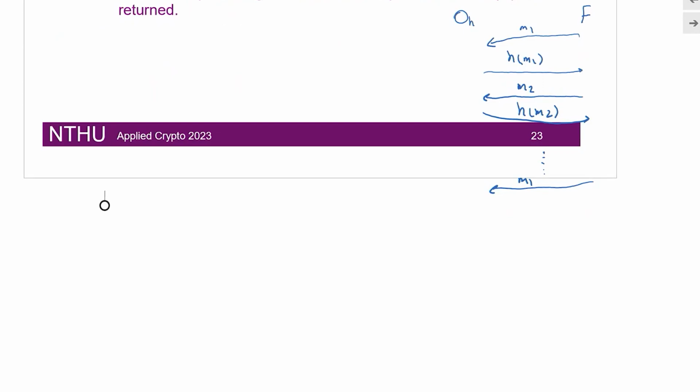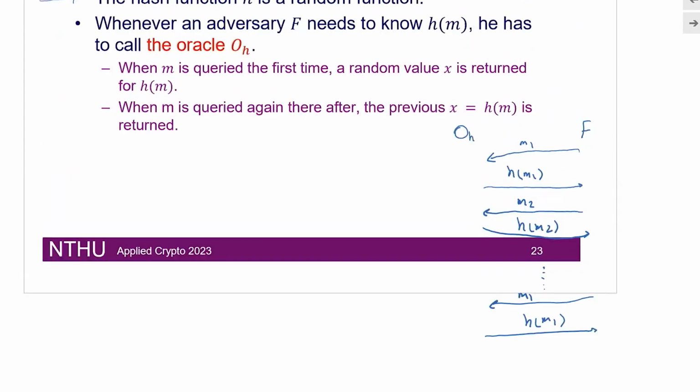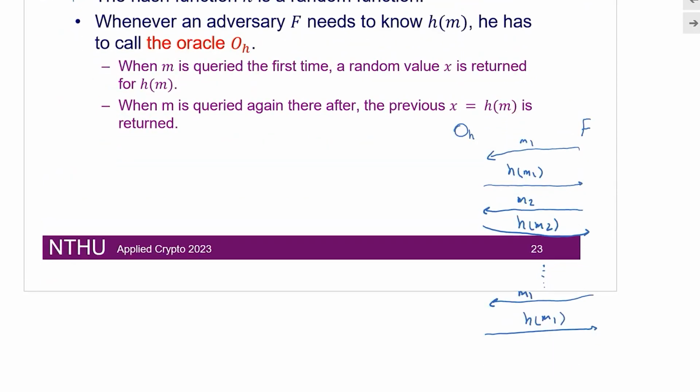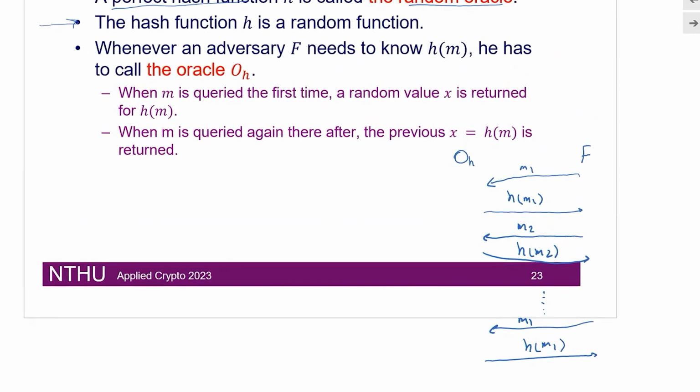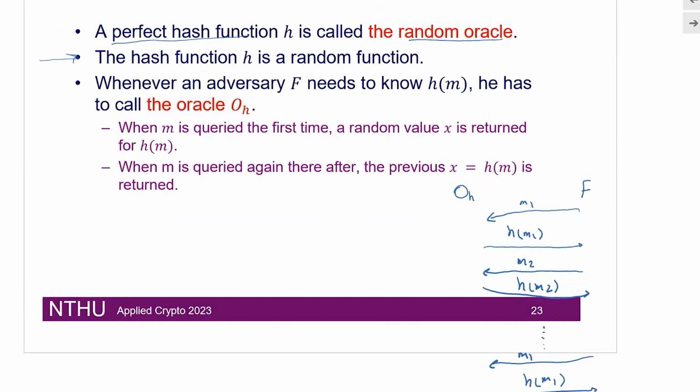We have it in our table, so we would just return the hash of M1 again, so the results are consistent. Last time we talked about oracles, and this is the very easy way to instantiate this oracle.